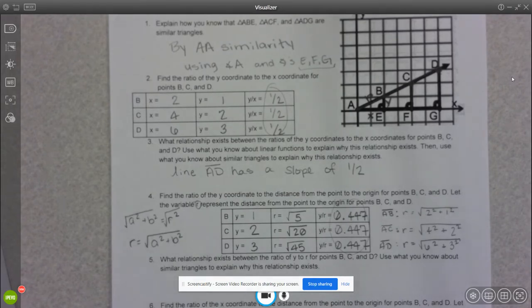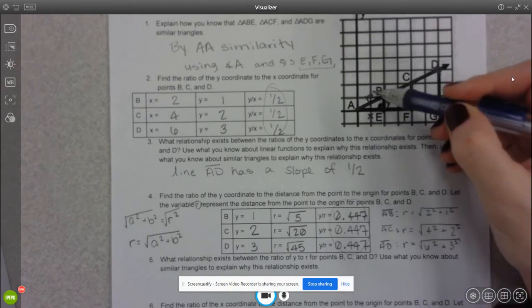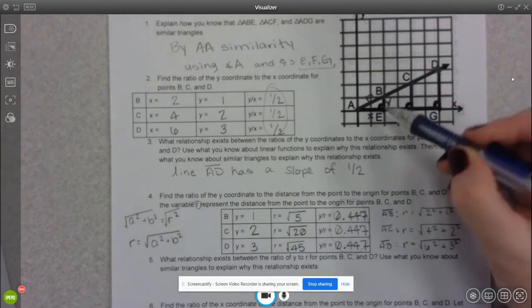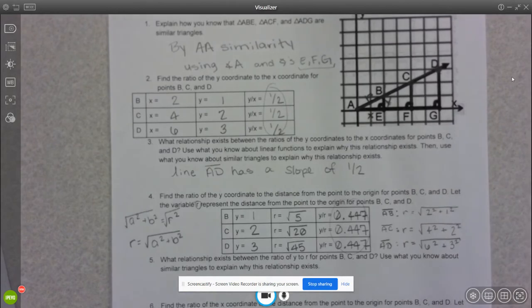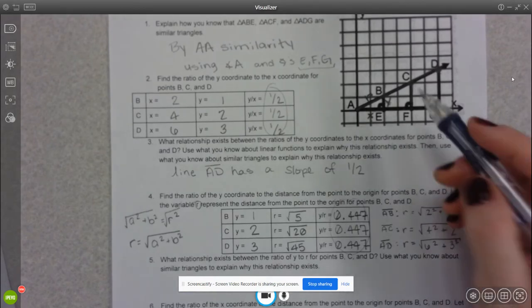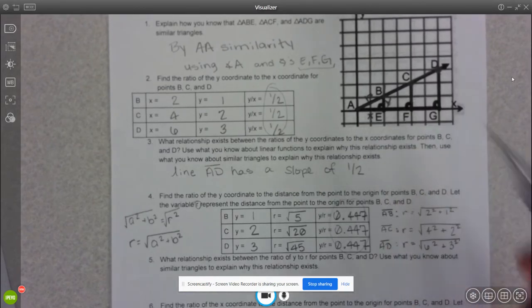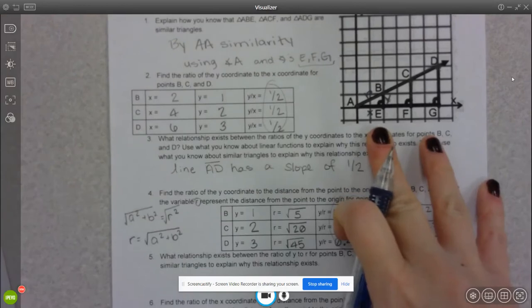And that relationship, leg to hypotenuse, or leg to leg, is going to maintain that same relationship even if I dilate it, because my triangles are similar. So this is if you had the first triangle.